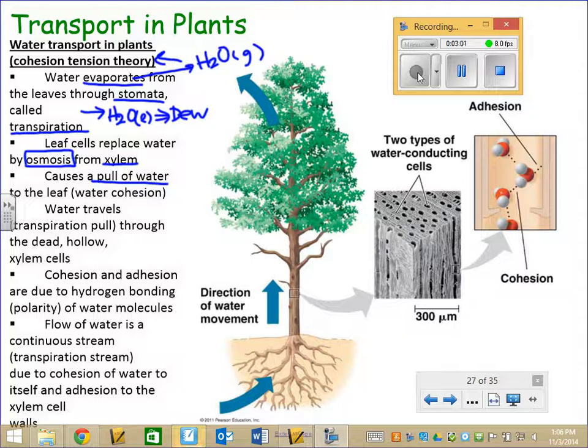The reason is something called cohesion. Cohesion is the idea that water molecules are attracted to each other. Now, the reason for this is because the water molecule is polar, and I'll mention that a little bit lower.